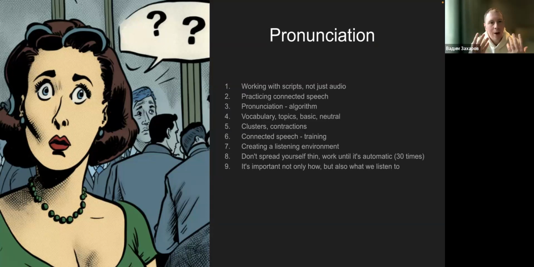But when I listen a lot, I am getting used to how people pronounce. I'm getting used to the rhythm, because every language has some kind of rhythm. And after some time, that language does not sound completely weird or alien to me.